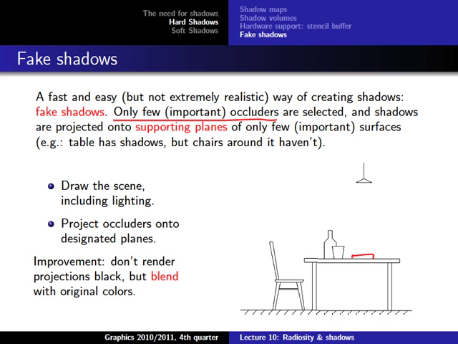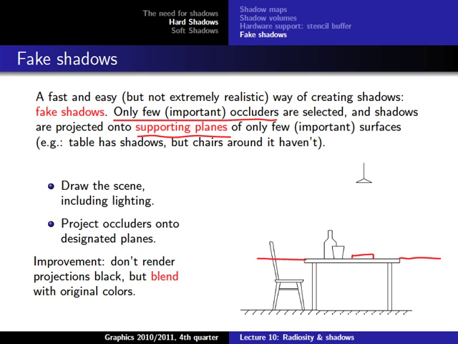The second simplification is that the shadows are not projected on objects, but on supporting planes of, again, a few important surfaces. So we're not projecting on an object, but on a supporting plane. For example, for the table, obviously that would be the supporting plane. So we're not projecting on a table but on a plane, which makes the calculation of course easier.